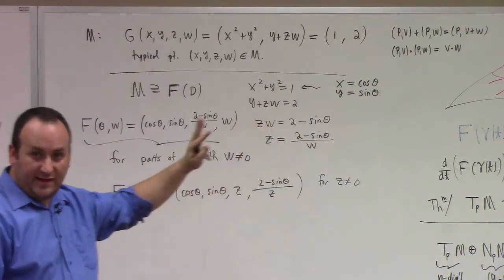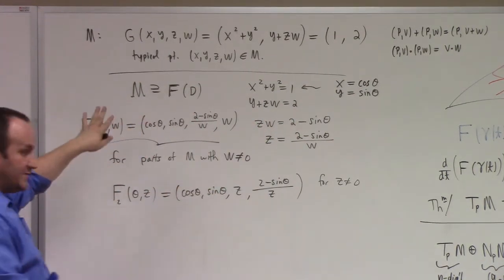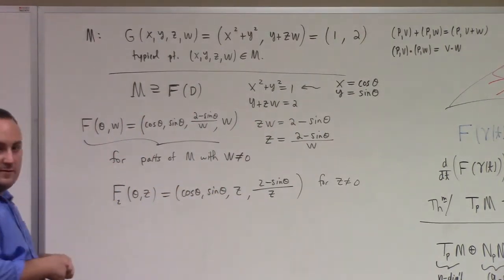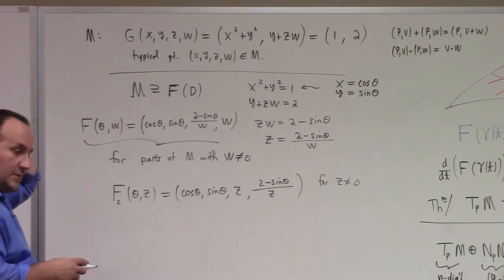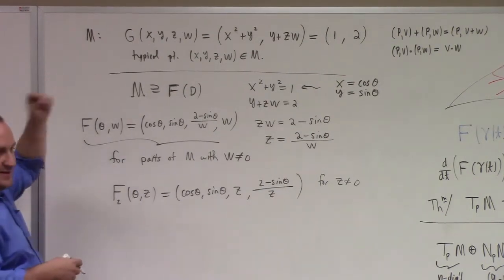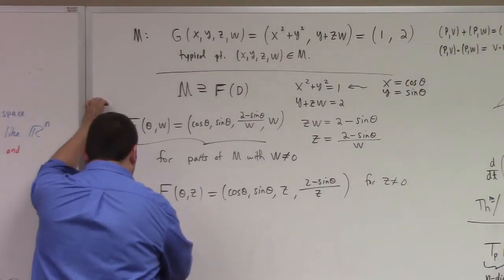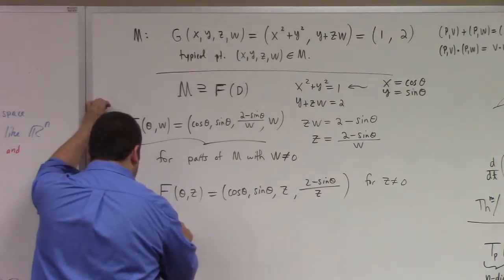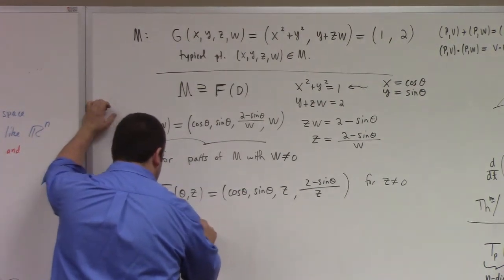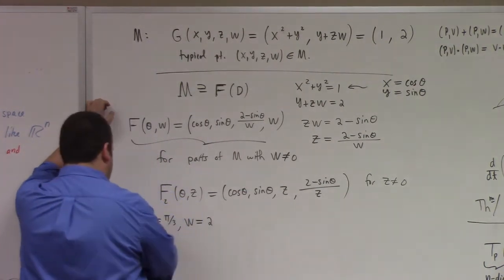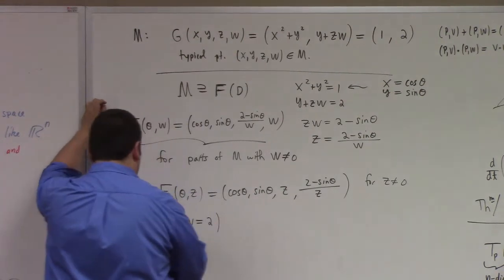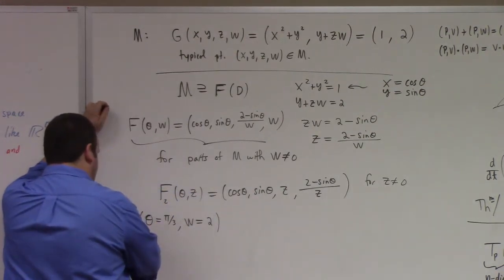I want to find the tangent space and the normal space for this example, and then we'll stop for today. I need a point. Theta is pi over 3, w is 2. Okay, that'll be our q.